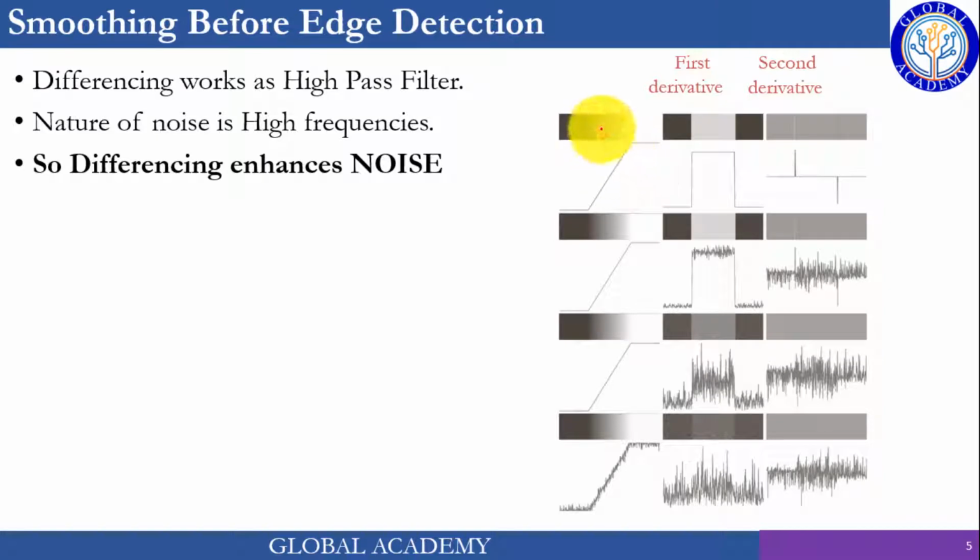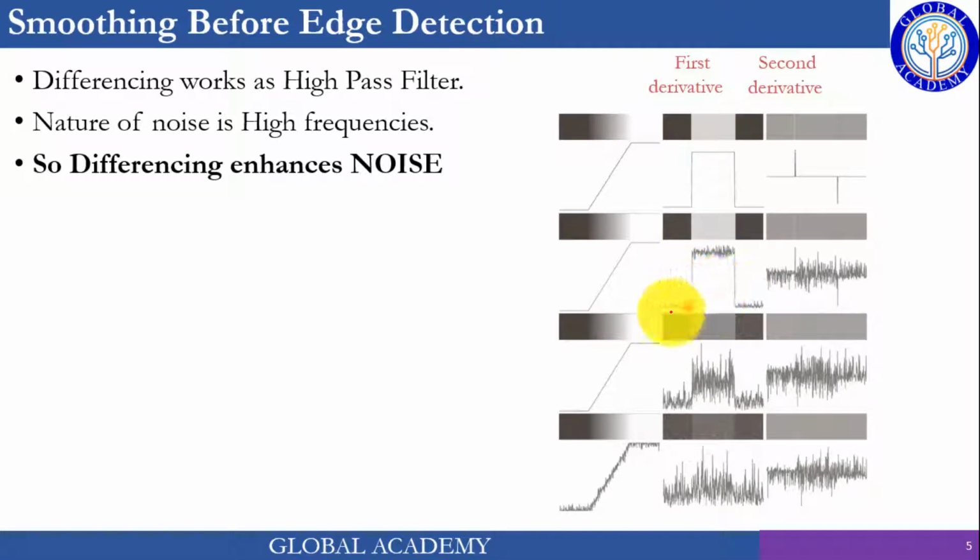So this image is a noise free image. In the second image, in the leftmost column, the image is contaminated with a small amount of noise, generated using a small variance. The noise is still not visible in the 1D profile, I mean this ramp, but it is considerably enhanced in the first derivative.